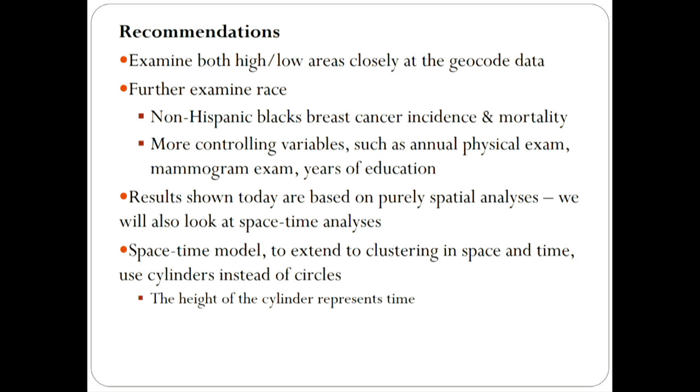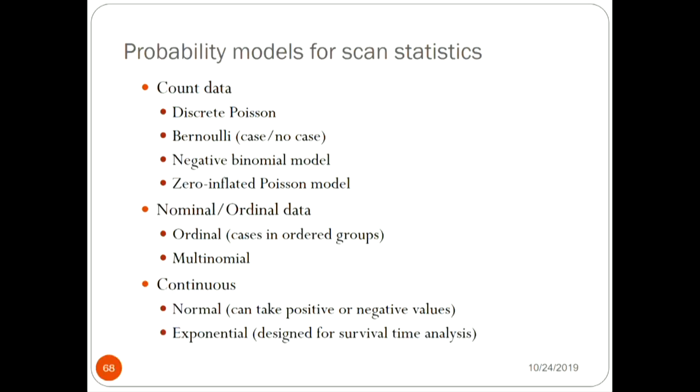Okay, so the results shown today were only based on pure spatial scan statistics. We can certainly take the space-time model into consideration. Not for this data, but in general, SaTScan can also test the spatial distribution for count data, and it can also take other distributions, like the normal distribution or exponential distribution, into consideration.